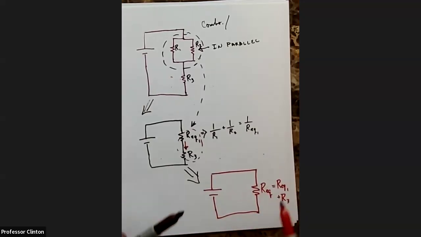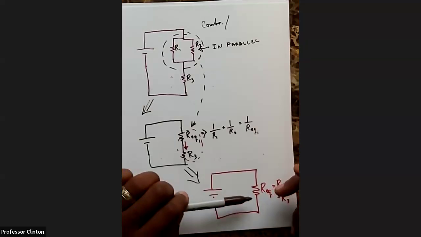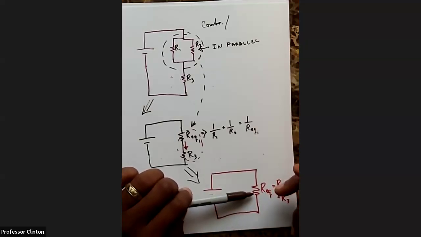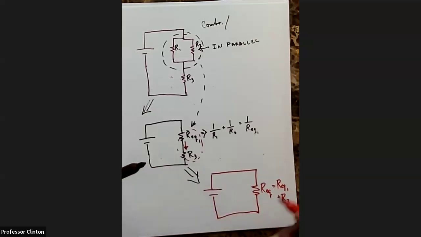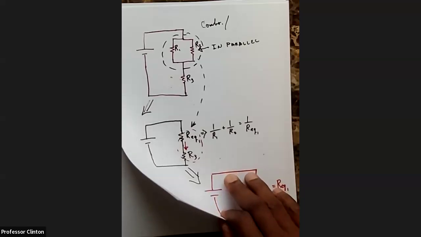I'm just going to make up some numbers. Let's say this turned out to be equal to 10, and this turned out to be equal to 25. Then R equivalent would be equal to 35. And then you would go from there. So my suggestion is to work with the most complex piece first. A couple more examples here, and then we'll go to the simulation. We're going to look at capacitors.